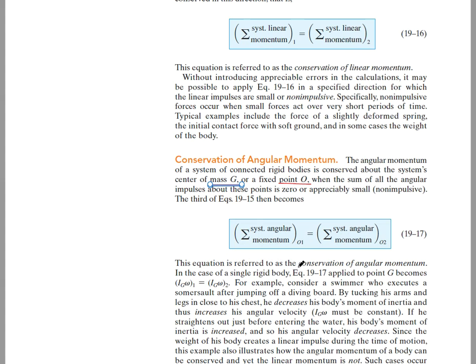You can have conservation of the linear momenta about one axis, but not the other. If you have no force along the x-axis, for example, the linear momentum along the x-axis is conserved. And when there's no external moment acting, the angular momentum is conserved.